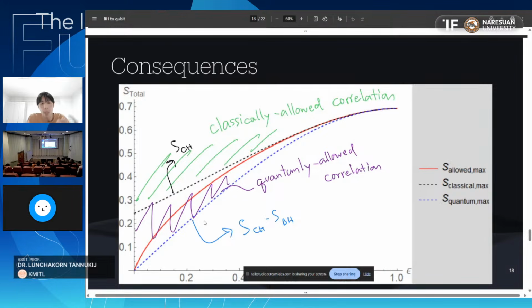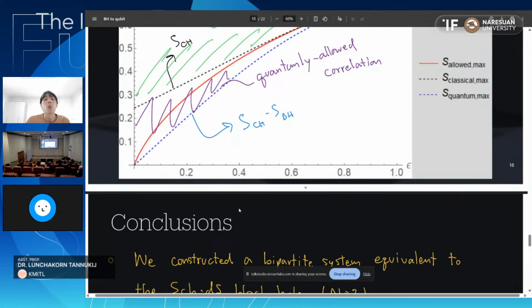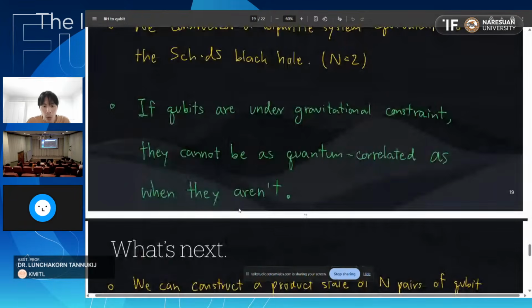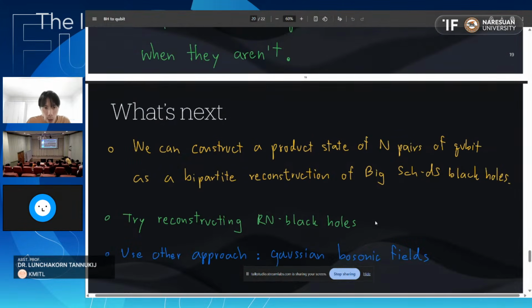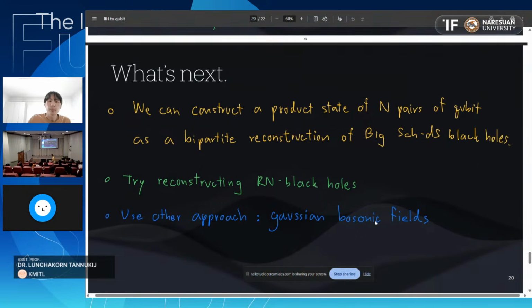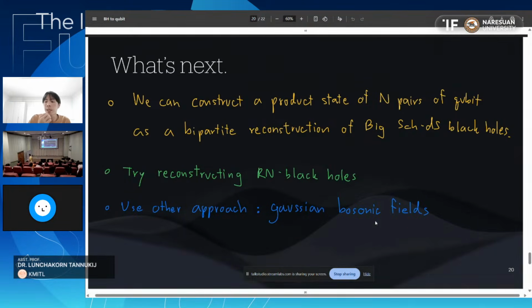So somehow the gravitational effect plays the role here. Now, what kind of gravitational effects play the role here? To be honest, we really don't know yet. So this is what we plan to do next.